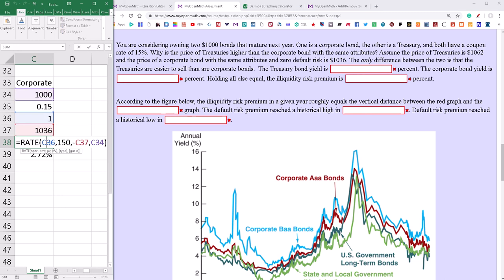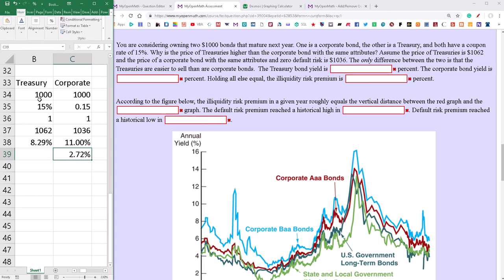So the number of periods is 1. 15% of 1,000 is $150. The price is 1,036 for the corporate bond with less liquidity, and the face value is 1,000. And the difference between these two yields is called the illiquidity risk premium, and it's 2.72%.